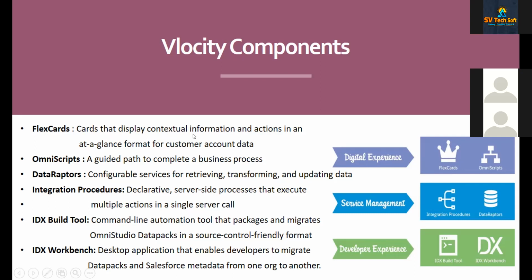OmniScript will be used normally for a guided journey. Let's take an example of Amazon, any online shopping website. What the normal journey is: you'll have a list of products, you'll select some product, and you'll configure.